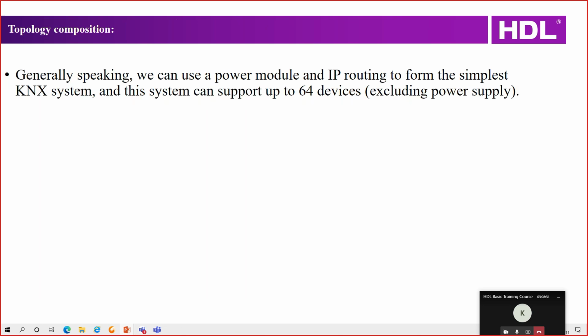Generally speaking, we can use the power module and IP router to form the simplest KNX system, and this system can support up to 64 devices, excluding power supply. It is quite the same as the Bus Pro system.